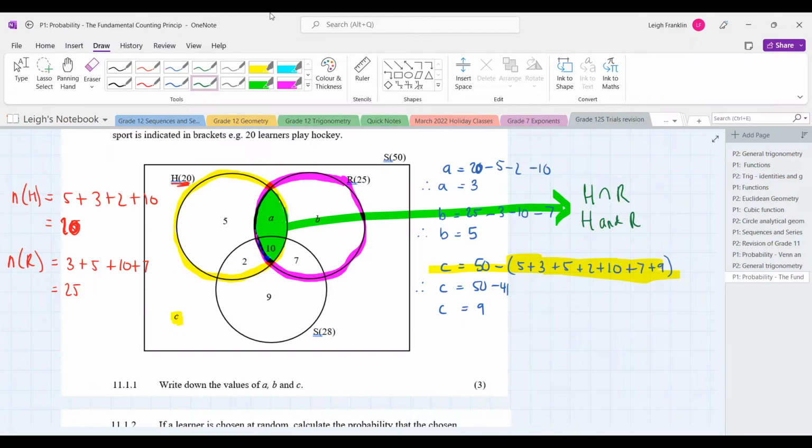Similarly, if I now color in this region over here, and I'm going to use blue, what does this section represent?